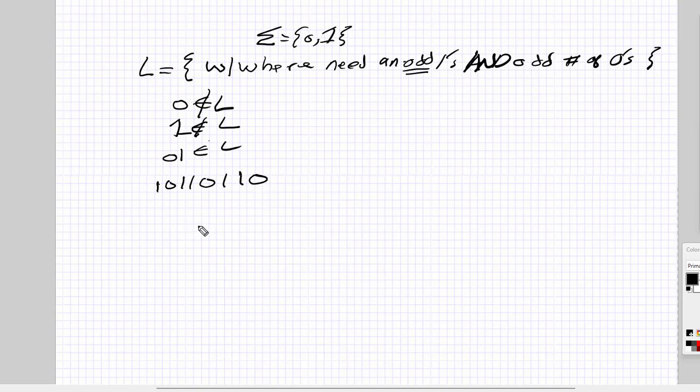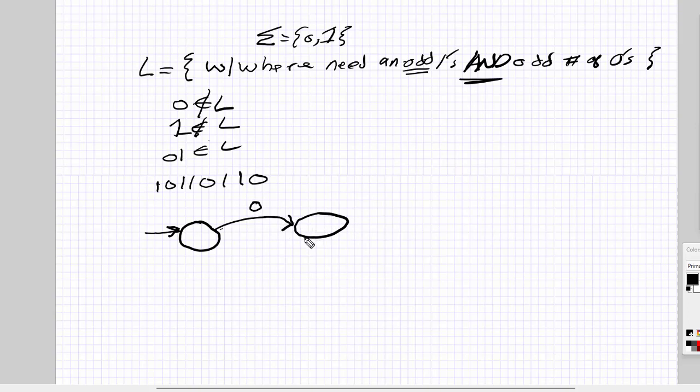Well, let's think about it this way. Here's my first state. And again, we care for both, so we want both. Let's assume that in my first state I am reading a 0. If I read a 0, I go to this state.